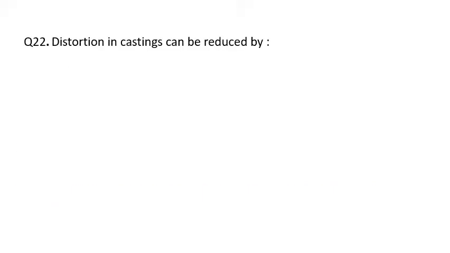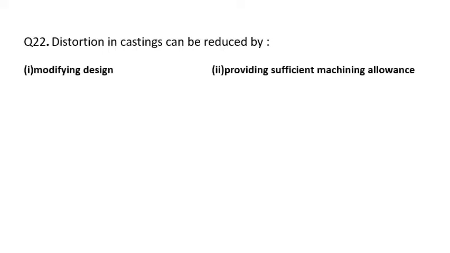Question number 22. Distortion in castings can be reduced by option 1 modifying design, option 2 providing sufficient machining allowance, option 3 improving foundry practices, or option 4 all of the above. Now distortion in castings is a casting defect. So the question is how can it be reduced?